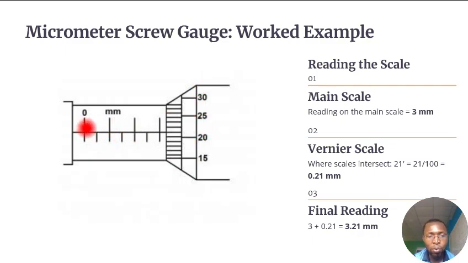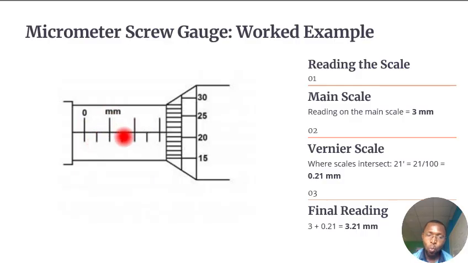Note that we have 0, then 1, 2, 3. First of all, the main scale is usually in millimeters, unlike the vernier caliper where the scale is in centimeters. So the micrometer main scale is in millimeters. All right, so here, to get the main scale, you just count the number of divisions you have. This is 0. This is actually 0.5, the middle one here.